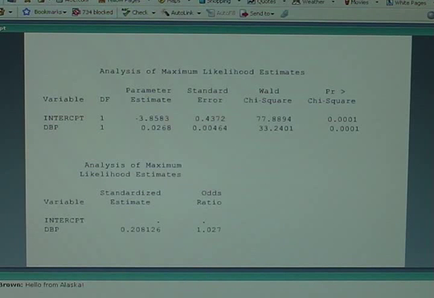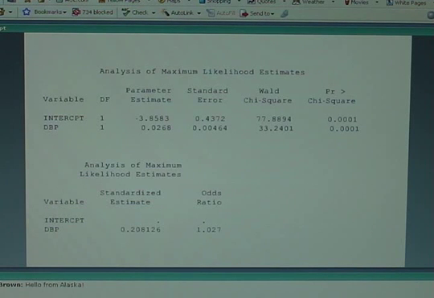Notice diastolic blood pressure has a coefficient of 0.02, standard error of 0.004, and it's a significant predictor of a person's log odds of getting coronary heart disease. Diastolic blood pressure has a statistically significant relationship to your risk of getting heart disease.